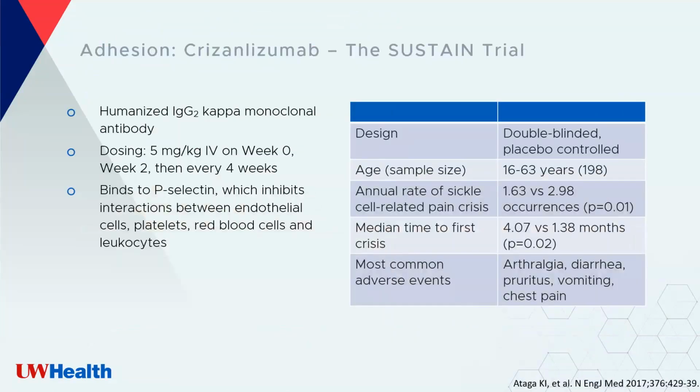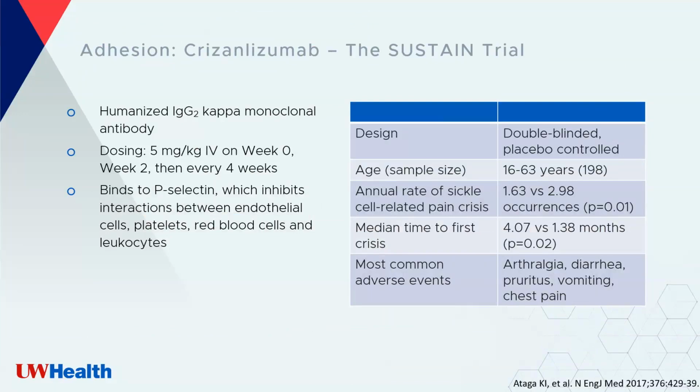So I noted the oxidative injury pathway for glutamine and also for voxelotor, but crizanlizumab is more so focusing on the adhesion, right? This is a monoclonal antibody which binds to p-selectin, and it inhibits interactions between endothelial cells, platelets, red blood cells, and leukocytes.